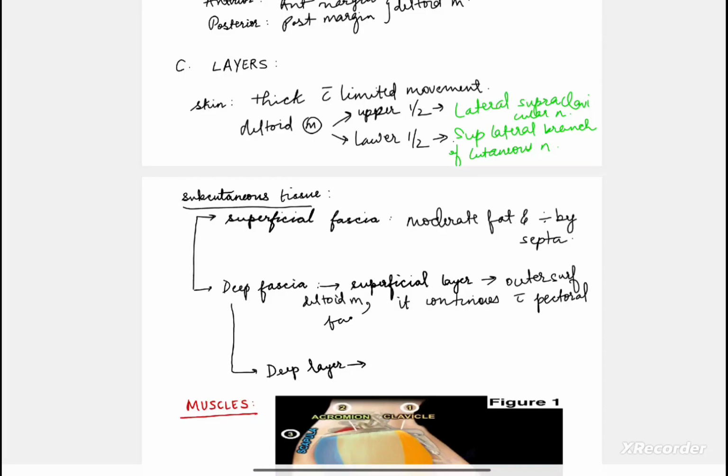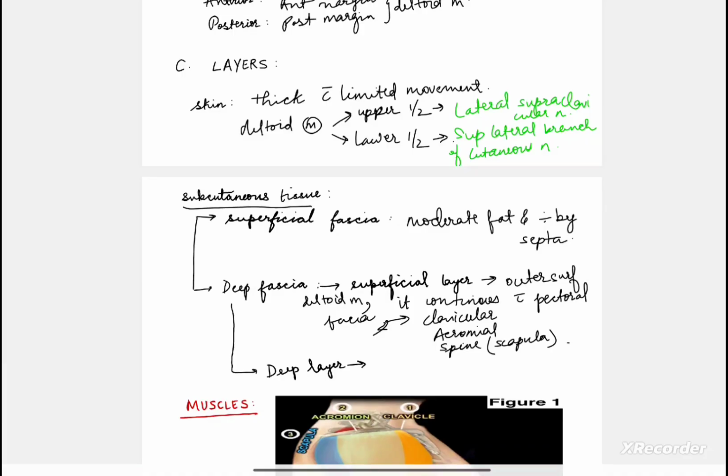We will study this fascia in a further topic. Okay, and this pectoral fascia divides this muscle into three parts: clavicular, acromial and spinal, meaning the spine of the scapula, not the vertebral spine. Fine.